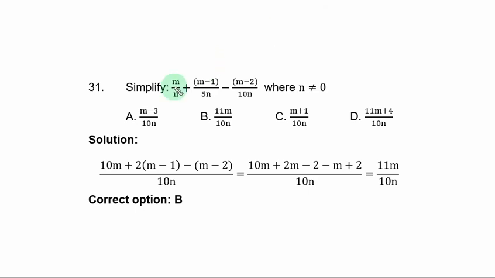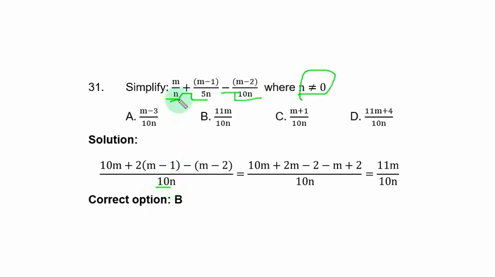Question 31. Simplify m over n plus m minus 1 over 5n minus m minus 2 over 10n, where n is not equal to 0. Solution. What you have is fractions, addition, and subtraction. You find the LCM of the denominators, and that is 10n.